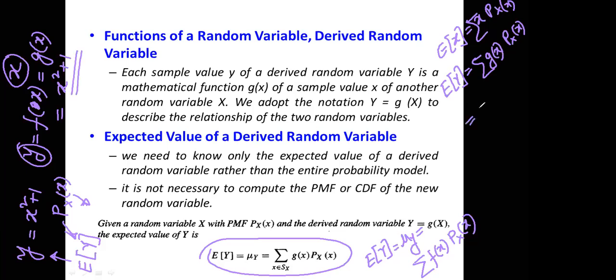So we can write here summation of x square plus 1 and then p of x. Because this function is about x, so probability of x is enough to find the calculations, to find the summations. So this is called the derived random variable, or this is called a function of random variable.